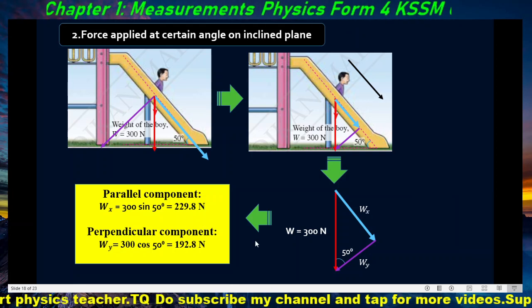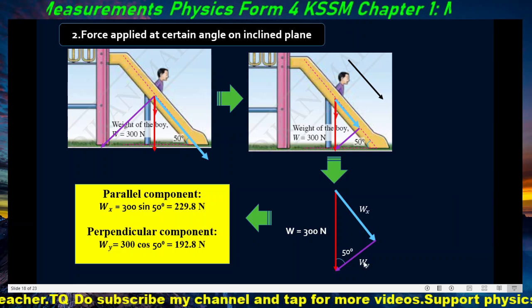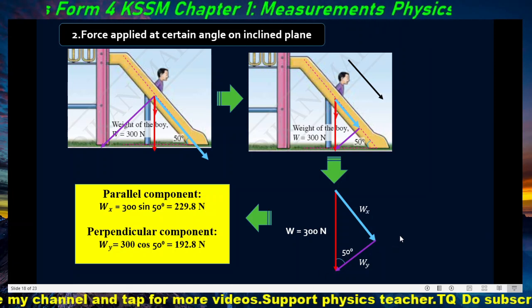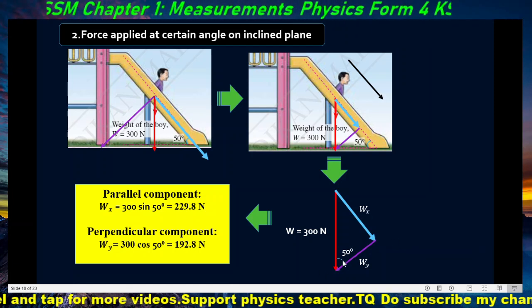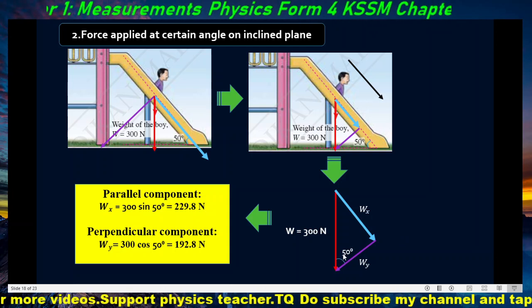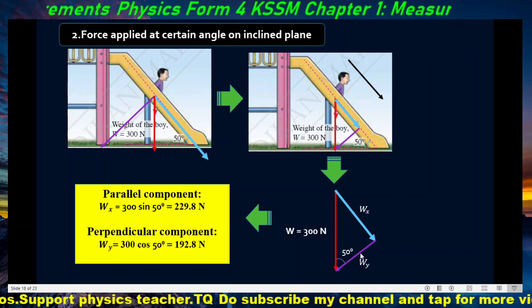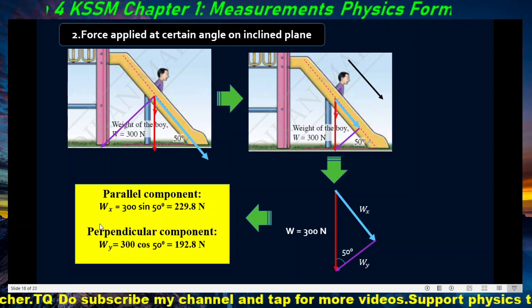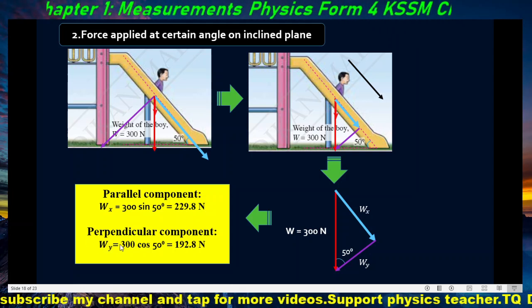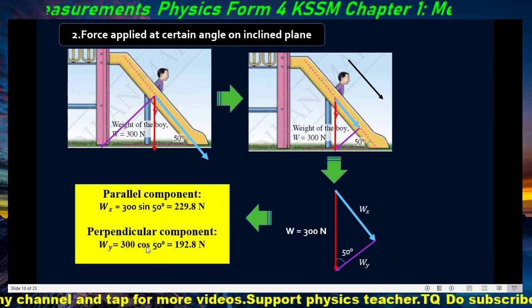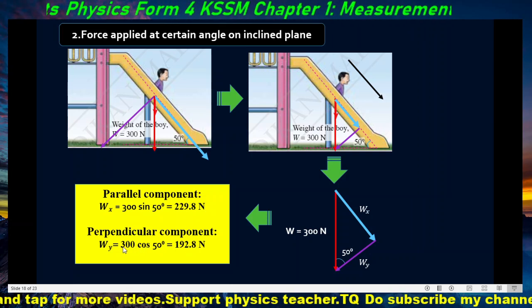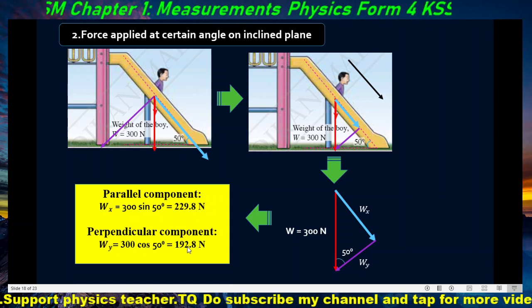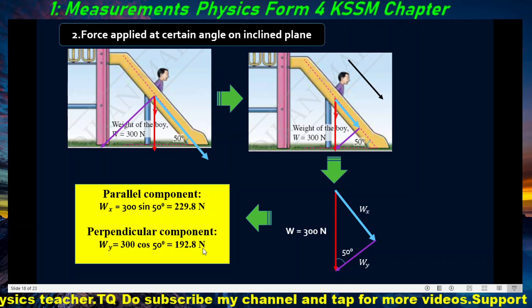For the perpendicular component, Wy, this is the adjacent side. So we use cos theta or cos 50. Cos 50 equals Wy divided by W. Thus, we get Wy equals W cos theta, or 300 cos 50. Thus, the answer is 192.8 Newton.